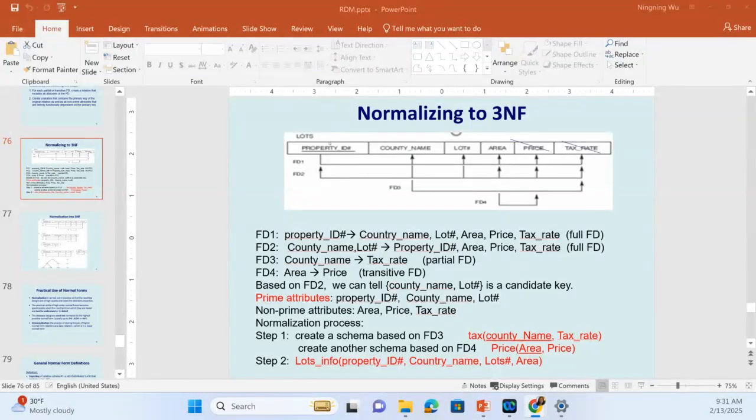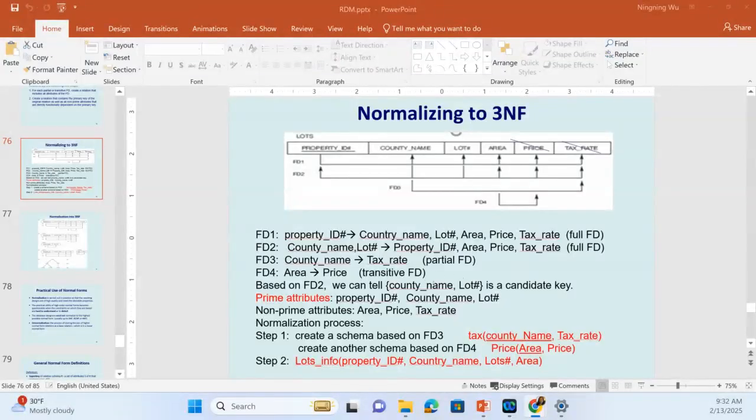That means that this schema is not in third normal form. It's actually not even in second, because there is a partial. Second normal form does not allow partial functional dependency. Third normal form does not allow transitive, and does not allow partial.